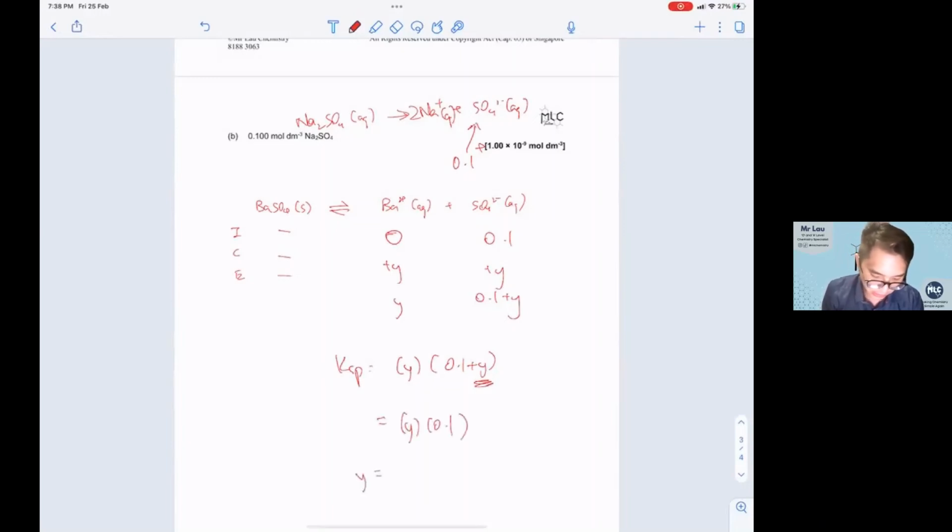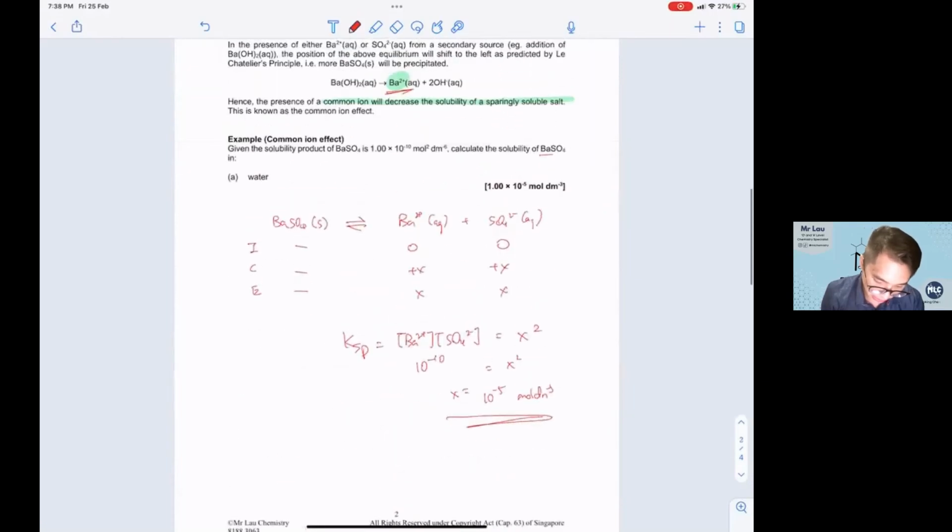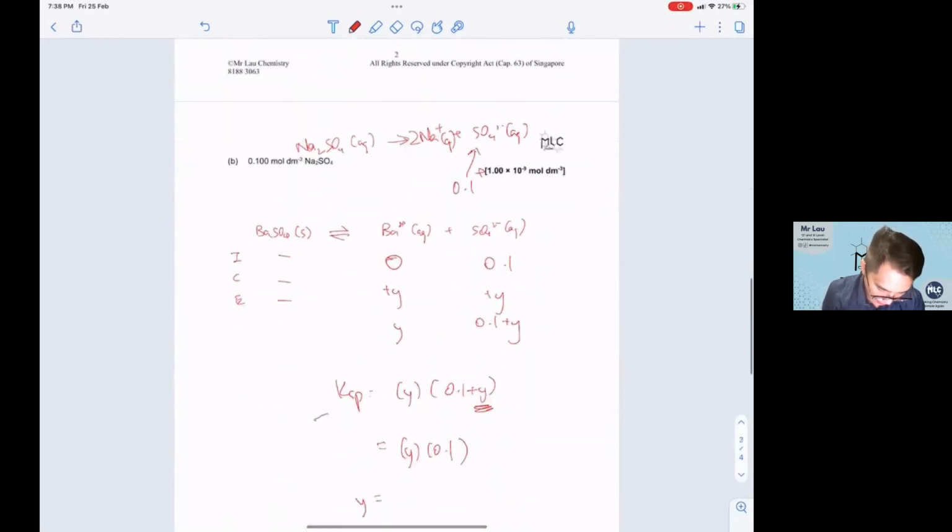If you solve for this, Ksp is 10 to the power minus 10, so y will be 10 to the power minus 9 mol per dm cube.